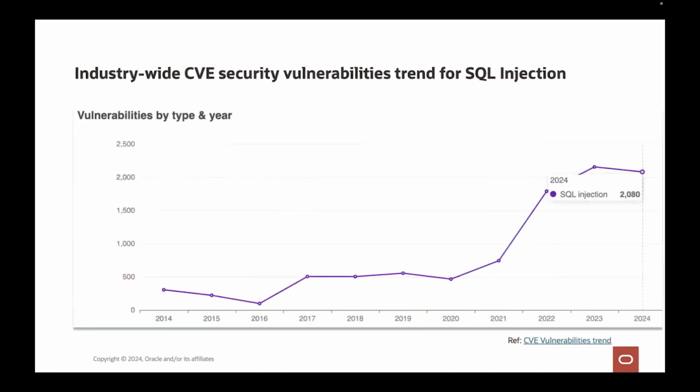Now, that's the reason we have seen an upward trend, though these traditional approaches did exist. And this is a growing number. If you see the CVE security vulnerabilities trend for SQL injection, it's an upward trend since 2021. 2023 was an all-time high, and 2024, we're just nearing that all-time high, which means it is going to grow past the number of the previous year.